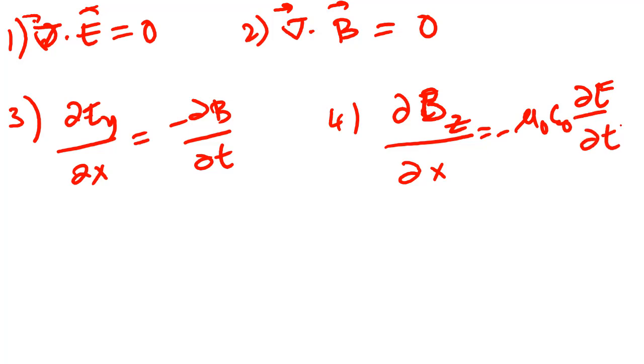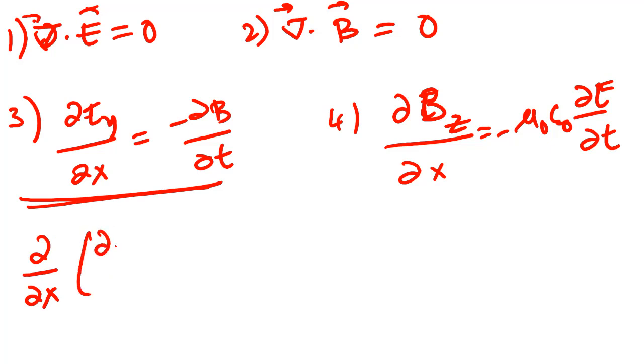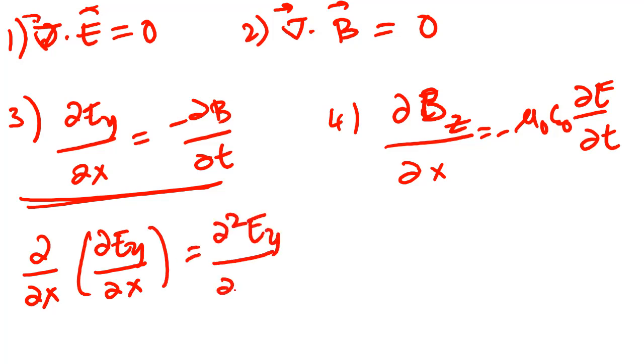So now if I want to do a partial derivative of dou by dou x on equation number 3, dou Ey by dou x, this will give me dou squared Ey by dx squared.